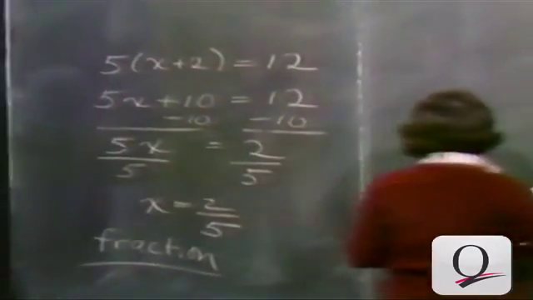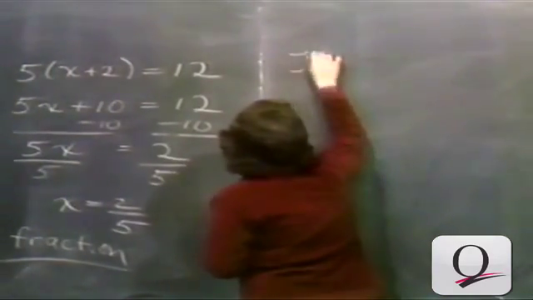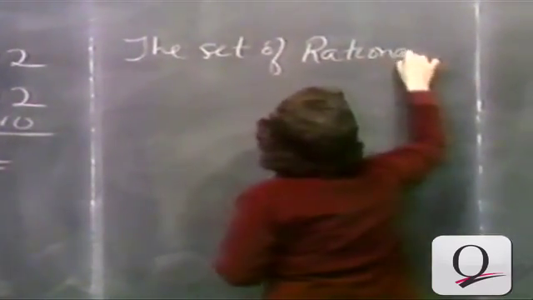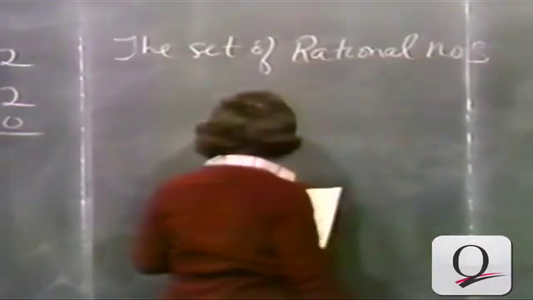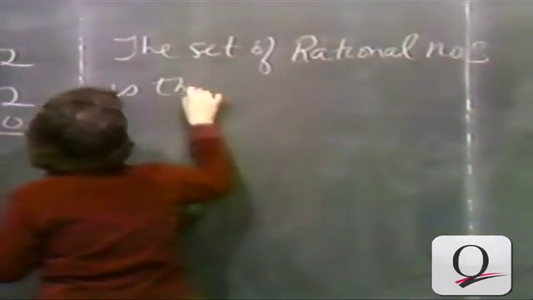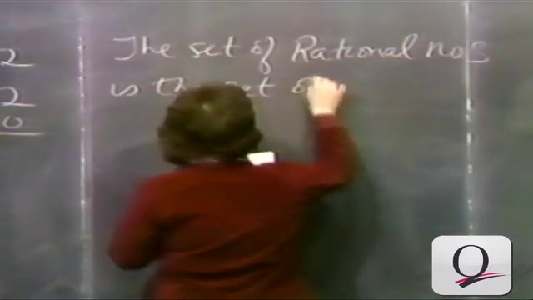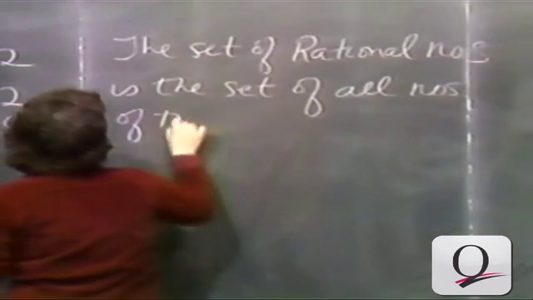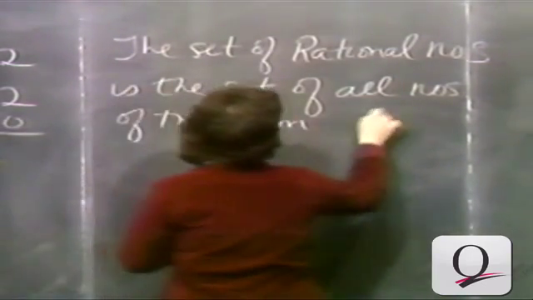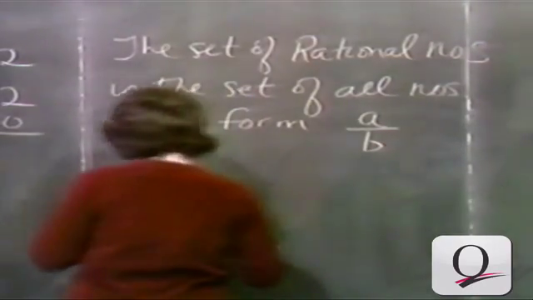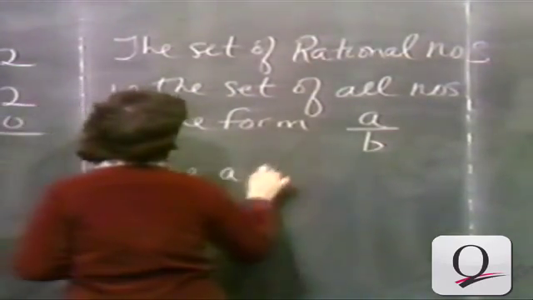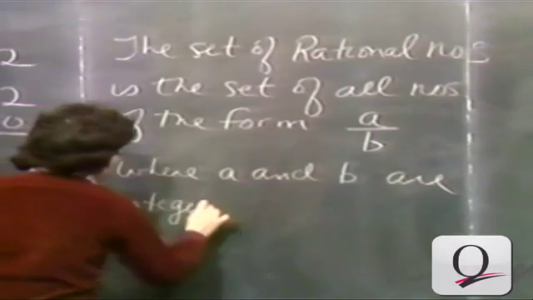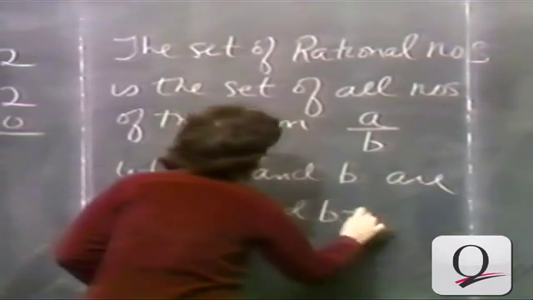In a more formal way, let's define the set of rational numbers. The set of rational numbers is the set of all numbers of the form a over b, where a and b are integers, and b is non-zero.